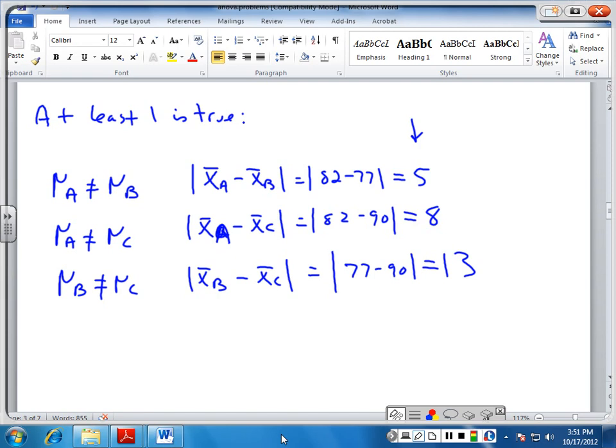So now we need to compute HSD, the honestly significant difference. And that's equal to Q times the square root of MSE over the size of each group. If you wanted to put NA or NB or NC there, since they're all the same, that would be fine with me. But it's the group sample size.